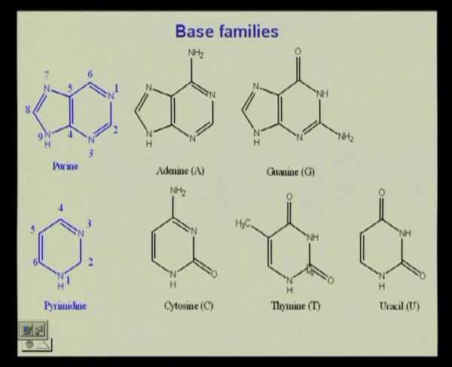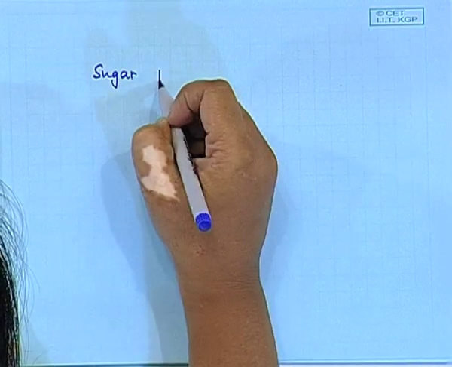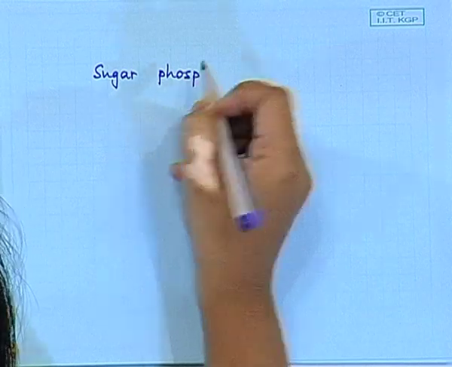Okay. So, once we have these bases, we can have base pairing. What is base pairing? We now know that we have a sugar phosphate backbone.